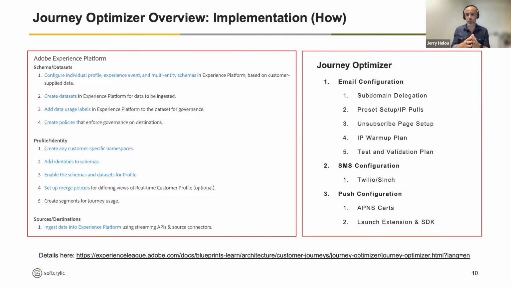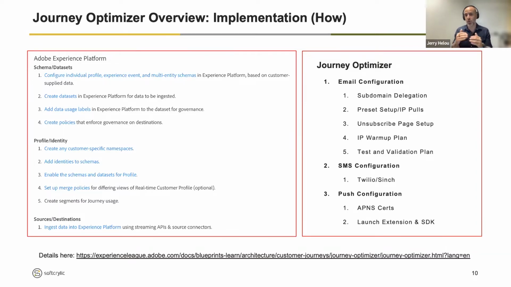The second piece, now you want to get Journey Optimizer ready to go. Given that we wanted to use Journey Optimizer for email, we had to configure the common things, making sure of the subdomains, the IP addresses, and if there is any delegation or DNS records that need to be updated. All of that had to be set up within AJO.